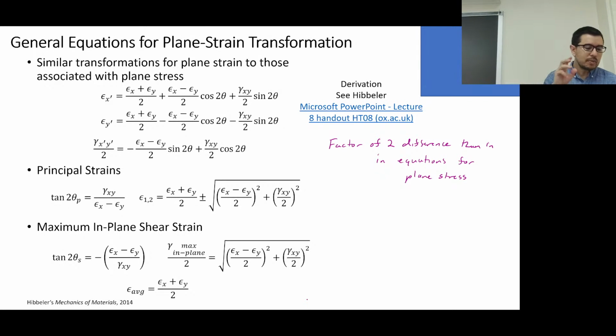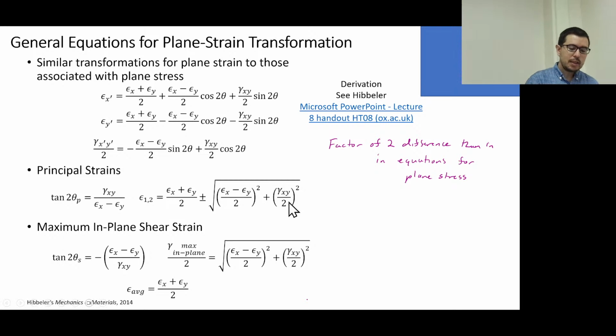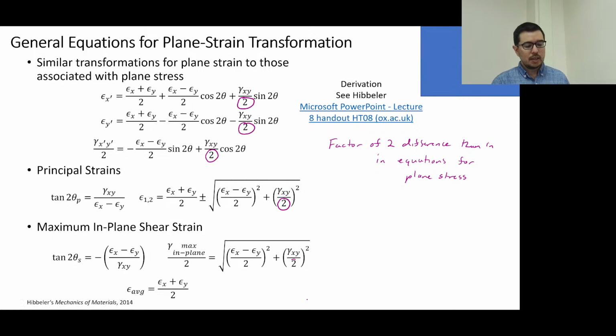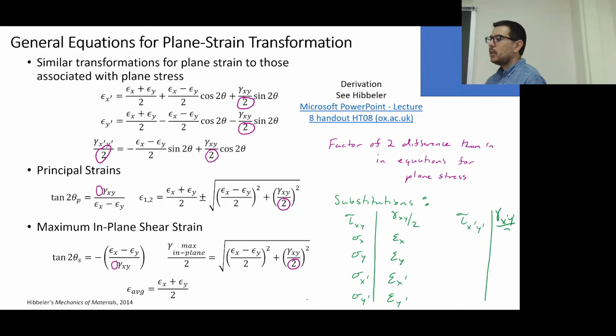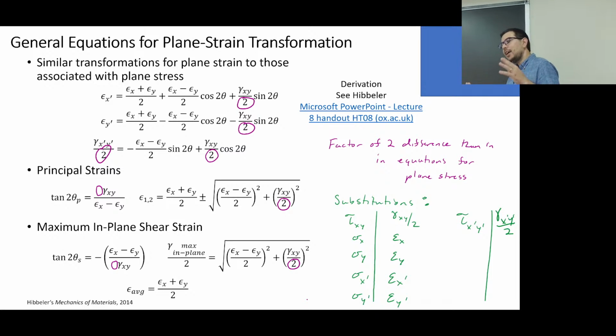So this gamma xy over 2 ends up affecting a few different things. It affects the Mohr's circle that we do. And do you remember in the world of Pre-Post Max, when we did the finite element, we said, hey, it's spitting out values that are not the true shear strain?